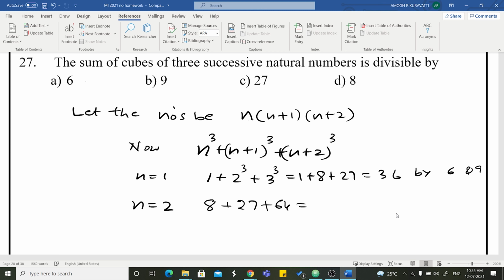Add these three: 64 plus 27 plus 8 is 99. So 99 is divisible by which number? Is it 6? No. Is it 9? Yes. Is it 27? No. Is it 8? Wrong. So that is divisible by 9. That is option B.